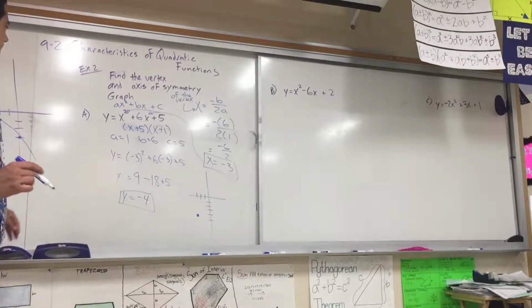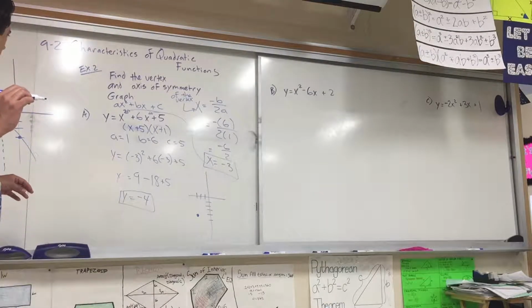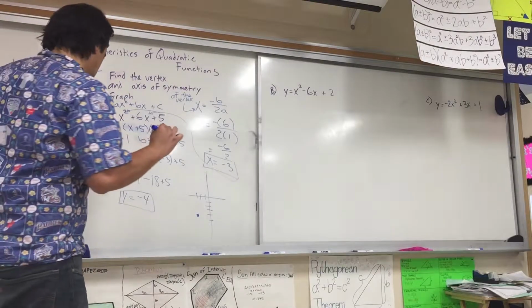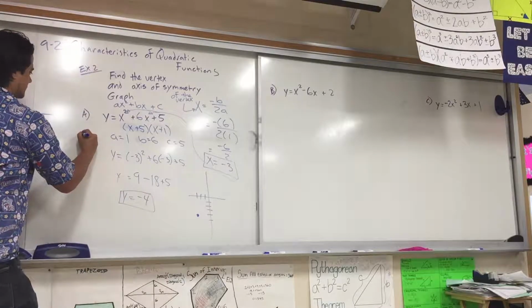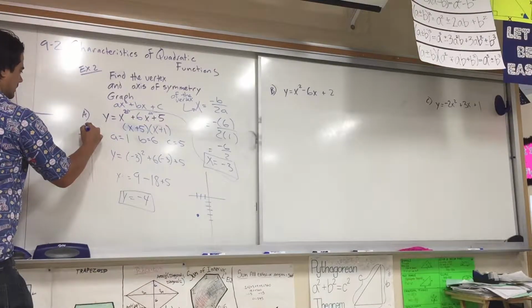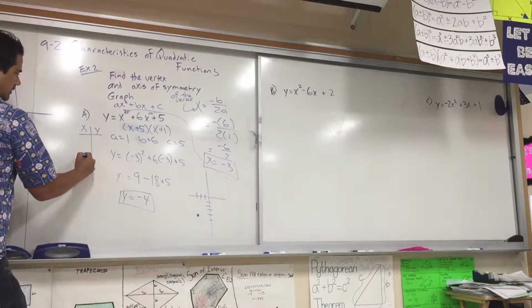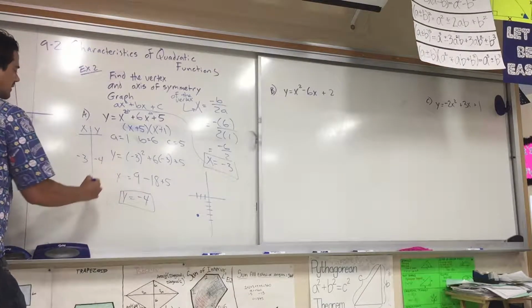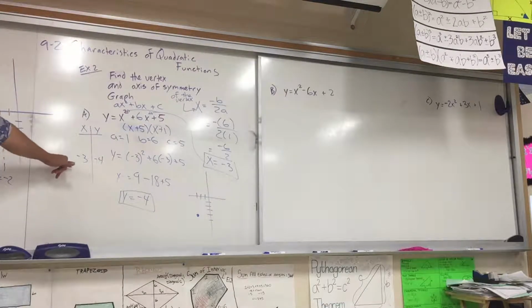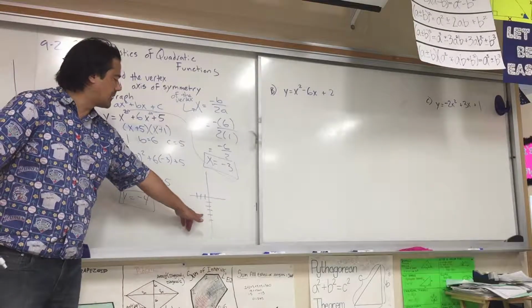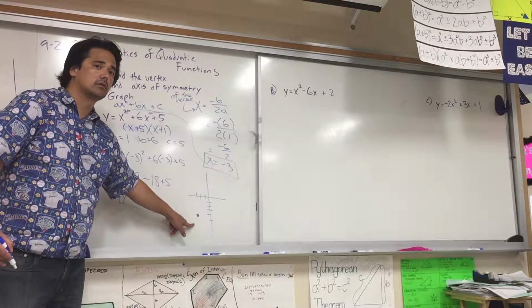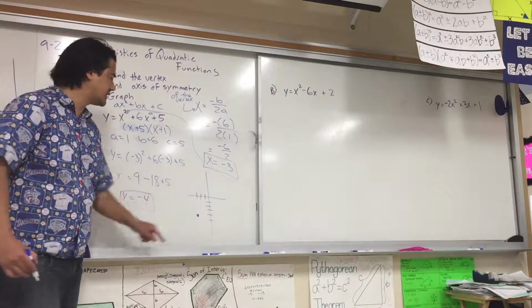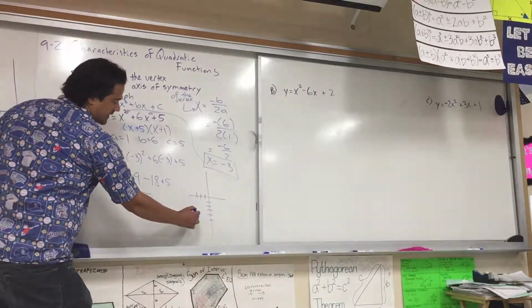Okay. Now, let's see. So if we have our chart here, we'll have negative 3, negative 4. Can I pick a point to the right of my vertex? We know it's going to look like this, right?